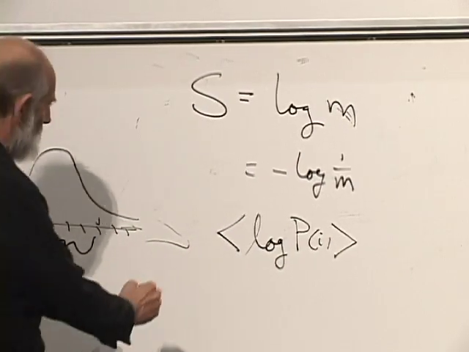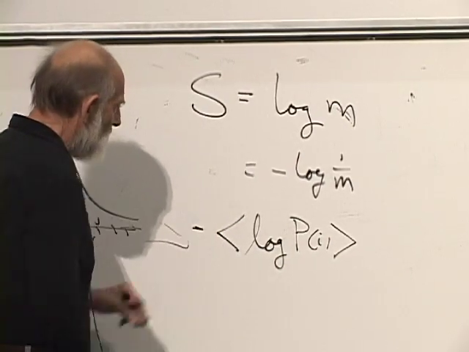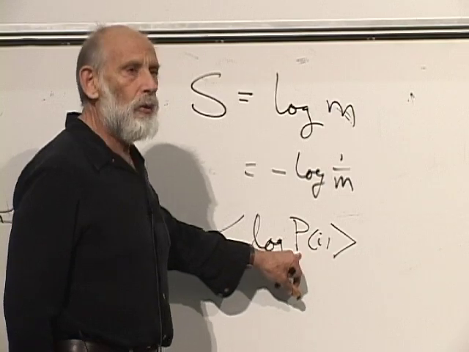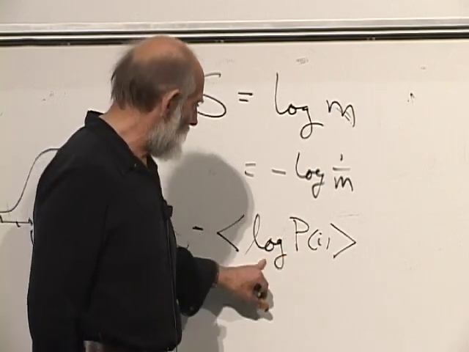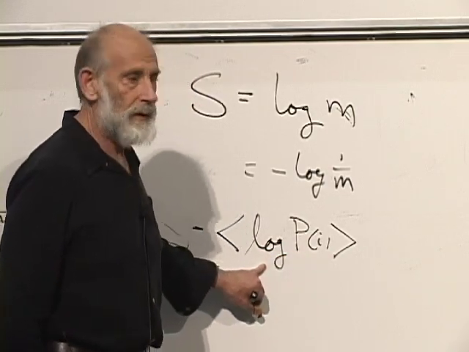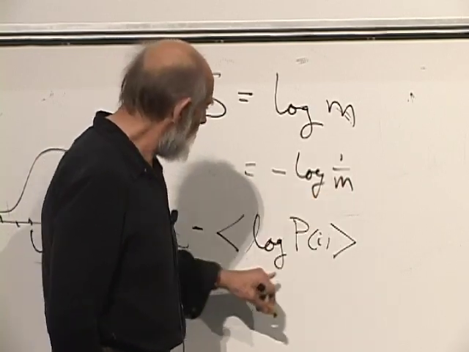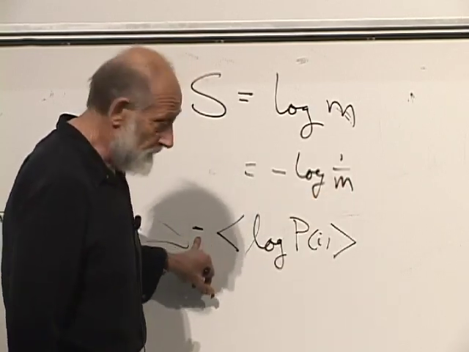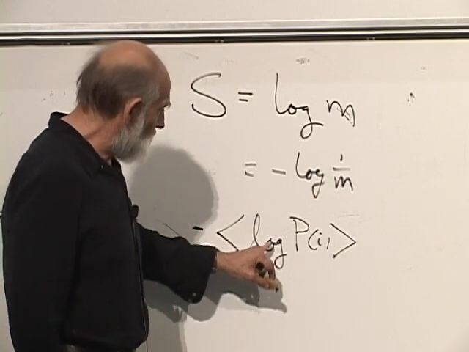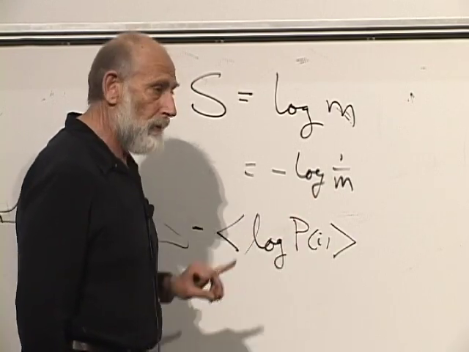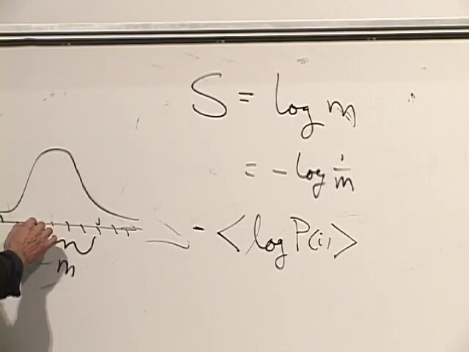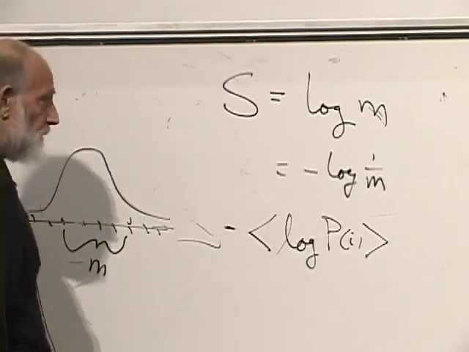Now wait a minute, minus. Remember that the probability is always between 0 and 1. What does that mean about the logarithm? Negative. Just like the logarithm of 1 over m is negative here. So that means that this is positive. It's the average of minus the logarithm of the probability of the ith configuration.